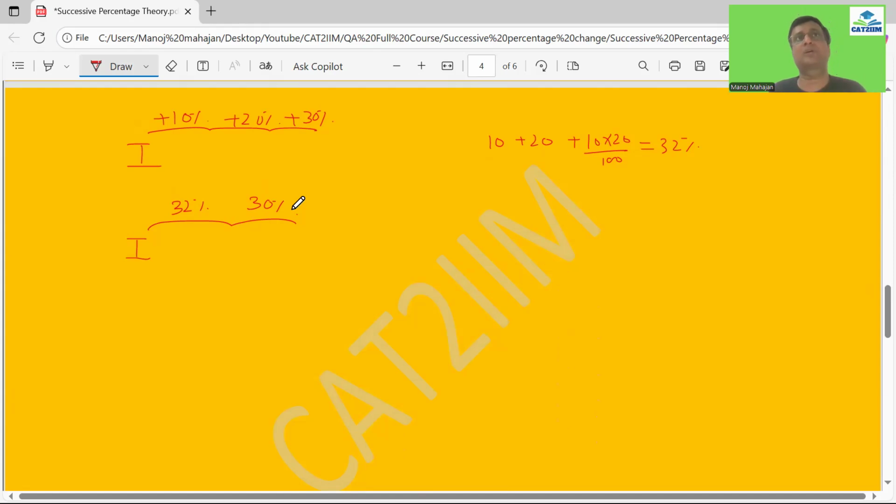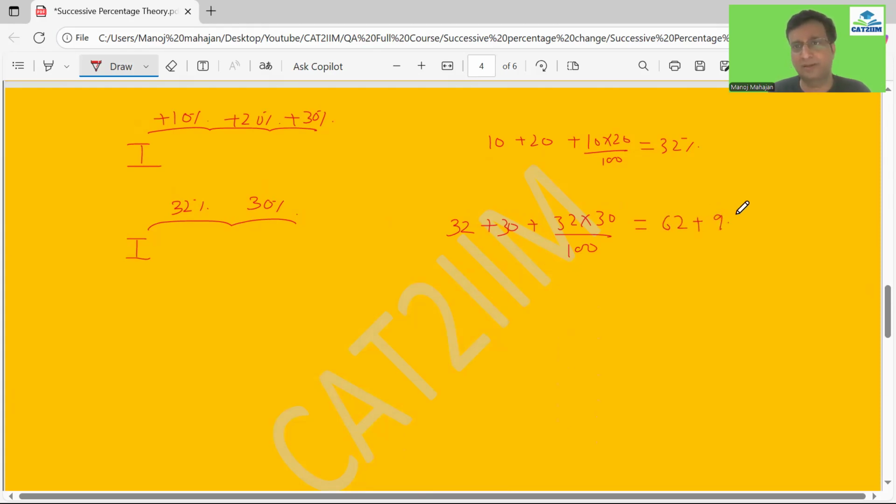There is no need to make a formula for three successive changes, four successive changes, because that would be complicated. And if we can use the formula of two successive changes for more changes also, then why should you not use it, right? So if you look over here, 32 plus 30 plus 32 into 30 upon 100. So what I get over here is 62, and this what?